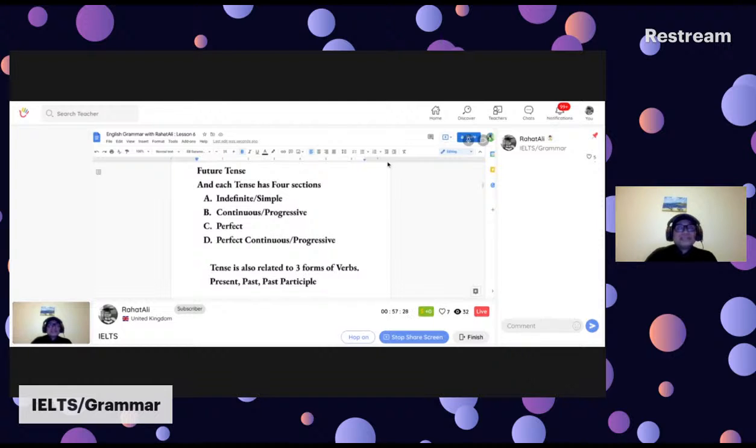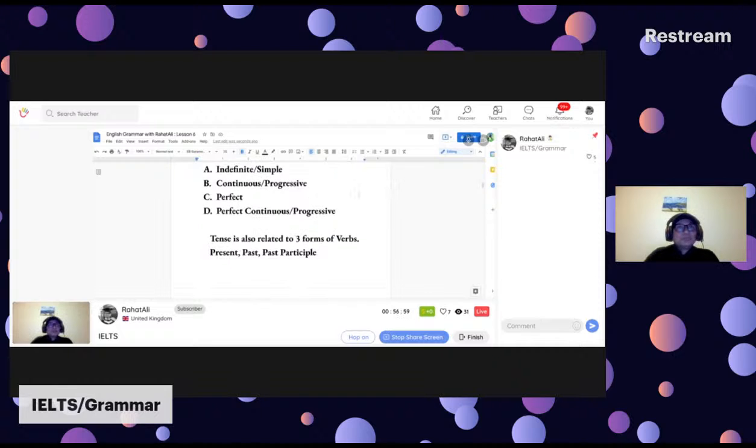But there are some basic things we need to understand before we discuss tense. Number one is verb. If you remember, verb is one of the important parts of speech. And what is a verb? Generally, a verb is when you do something, like an action verb. Depending on the verb classification, there are action verbs, modal verbs, and static verbs, and also transitive and intransitive verbs.